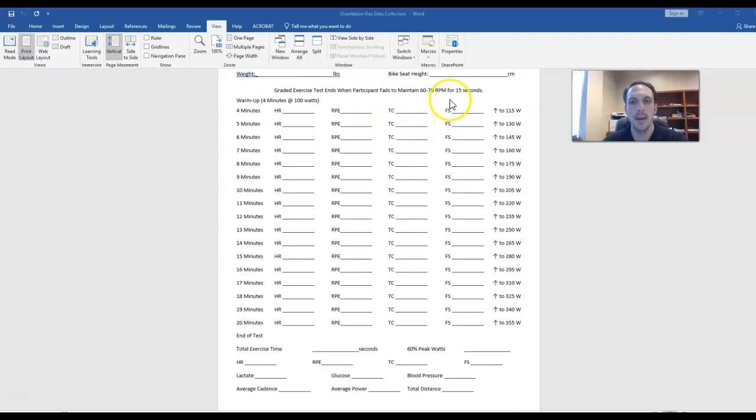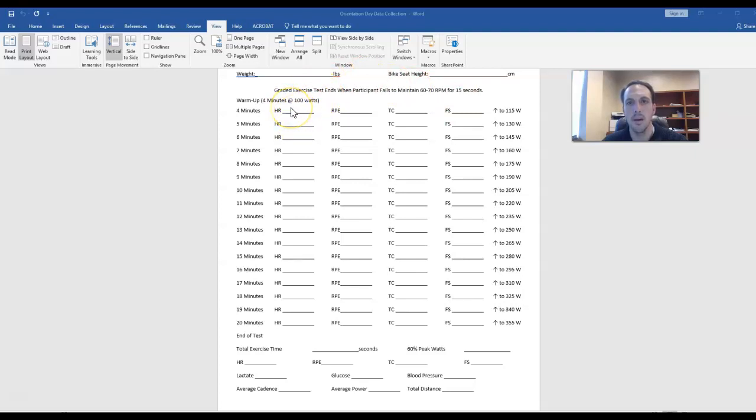Then we have a situation here where we have some things written out for ourselves in this graded exercise test. In this graded exercise test, they start with a 4-minute warm-up, and then we're going to increase the watts every minute while recording heart rate, their RPE, a rating of thermal comfort, and their feeling score. That's what these abbreviations mean. And I have each of those created in sheets of paper that they put up on the wall, and the heart rate is being measured by a heart rate monitor.